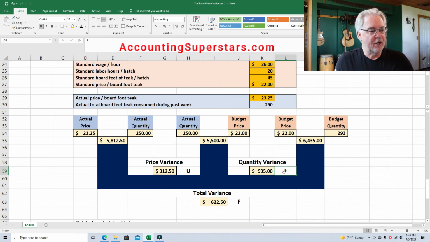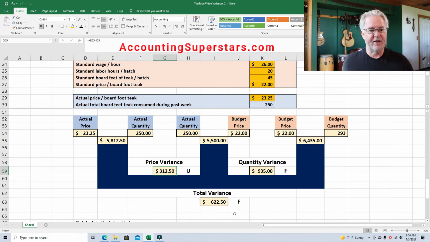All right, so we've got our price variance, our quantity variance, and our total variance, and it's really easy to double check our work. Our quantity variance is favorable by $935, and the price variance is unfavorable by $312.50. The difference between the favorable and the unfavorable leaves us with $622.50 favorable.